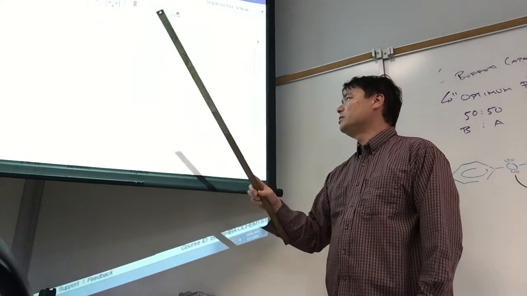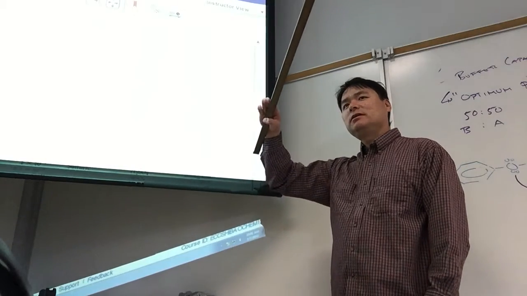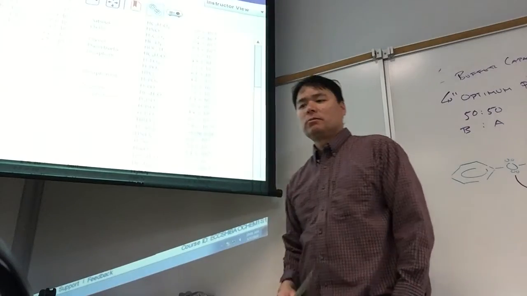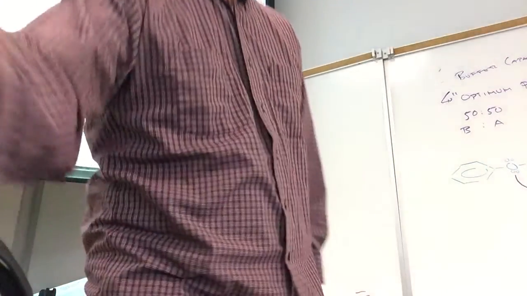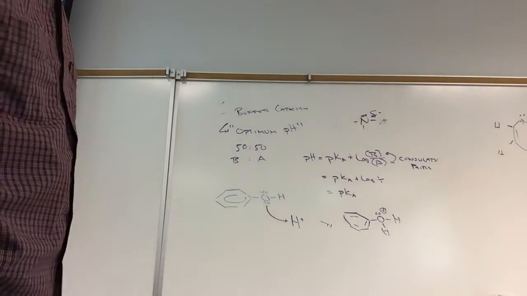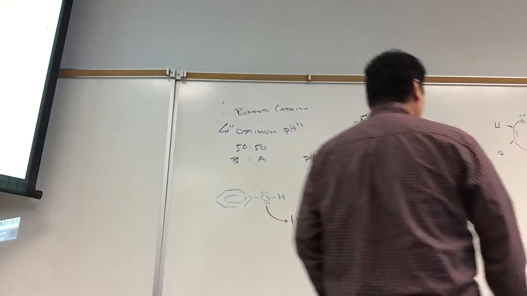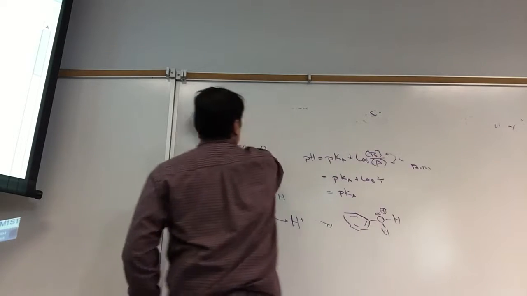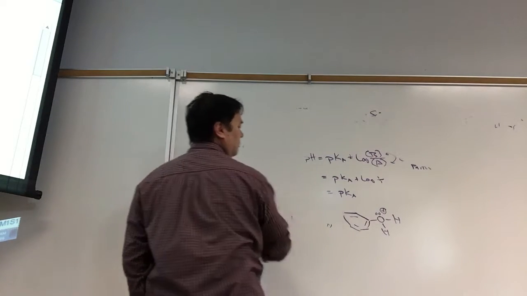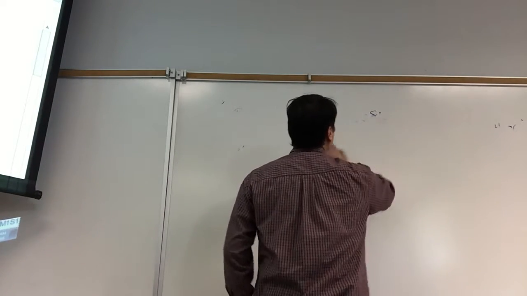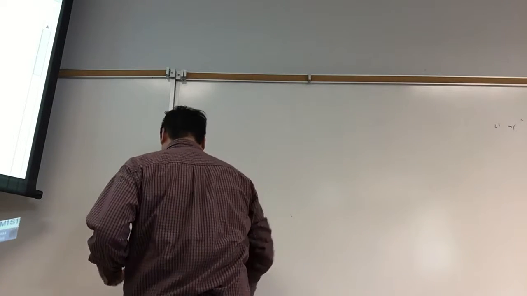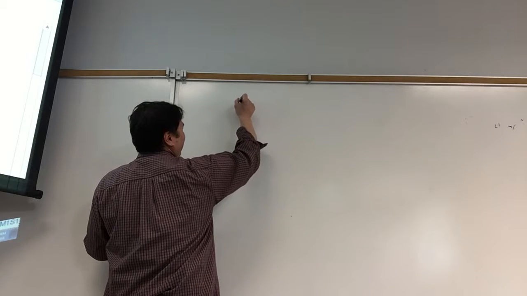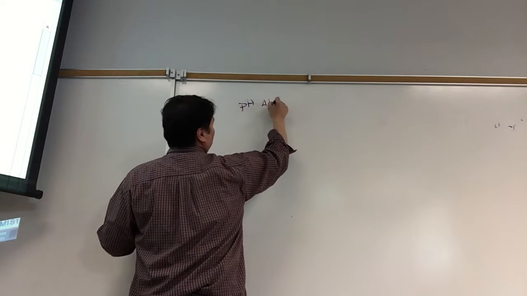And so what we do is we just add a little bit more acid to lower the pH, or add a little bit more base to raise the pH. We can adjust the pH by adding a little bit more acid or a little bit more base. And so the pHs are adjustable.